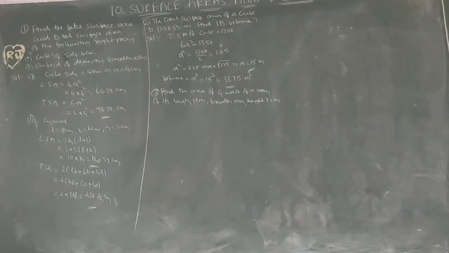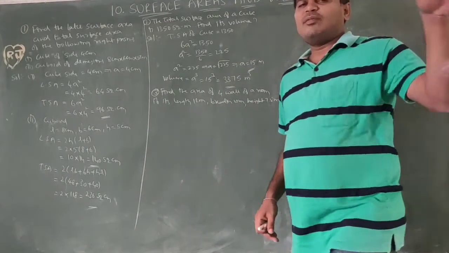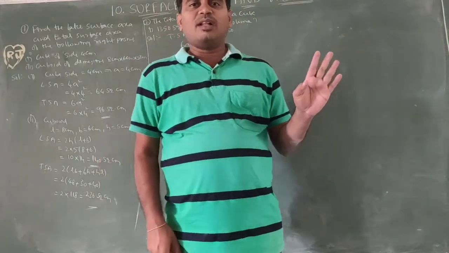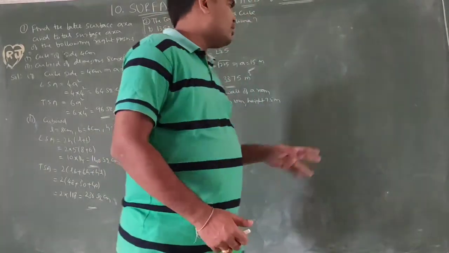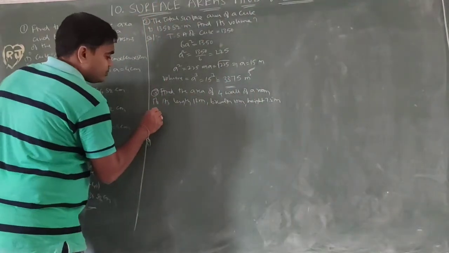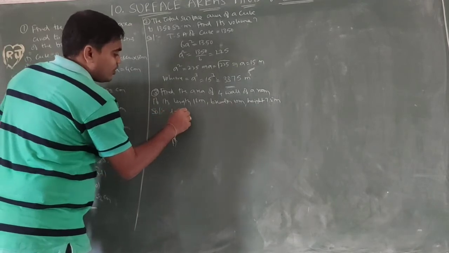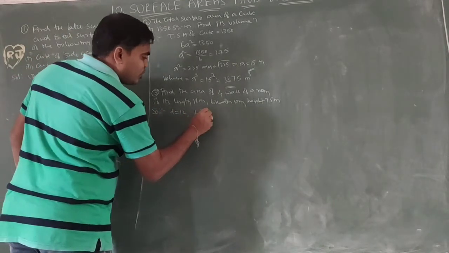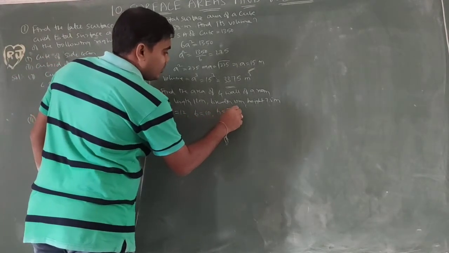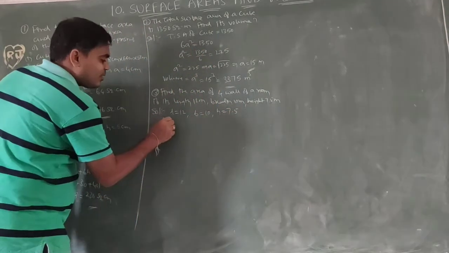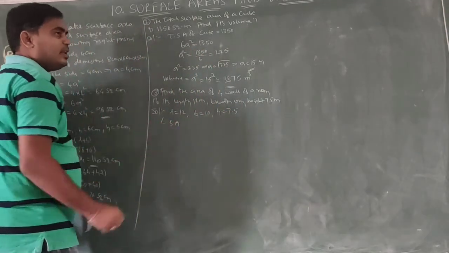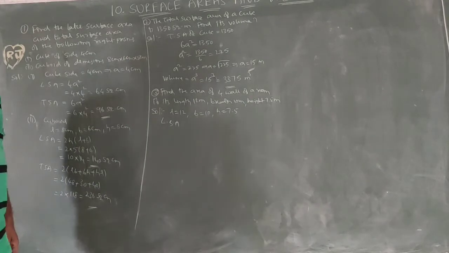We need to find out. So it is nothing but area of the four walls. Area of the four walls is nothing but lateral surface area. So solution: L equal to 12, B equal to 10, H equal to 7.5. Lateral surface area, it is nothing but area of the four walls.